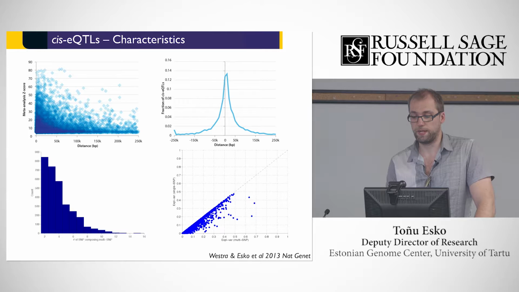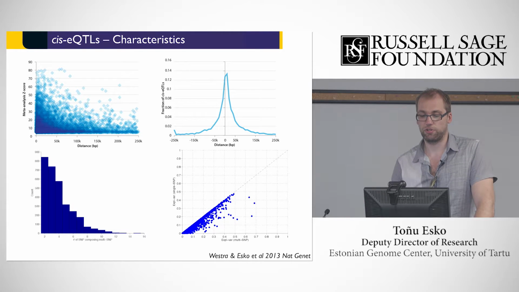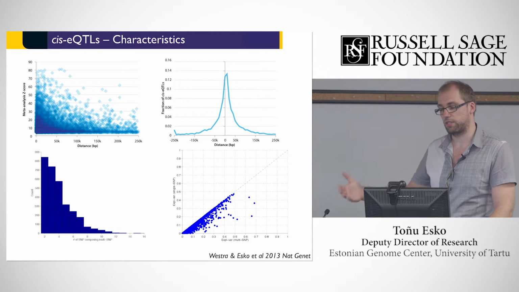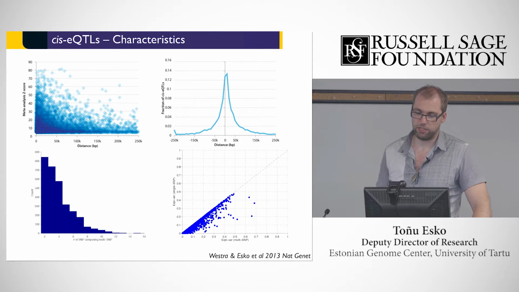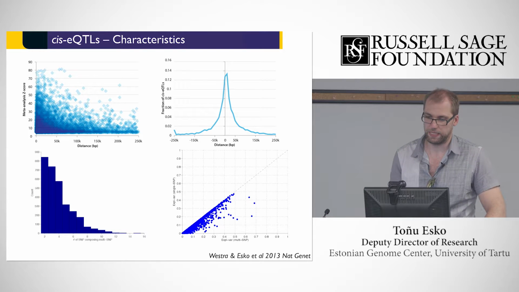For example, there are SNPs that explain up to half of the variation in the gene expression, but if we combine those SNPs together, you get a better score, up to 70%. But again, the first SNP usually explains the most, and then it flattens out.